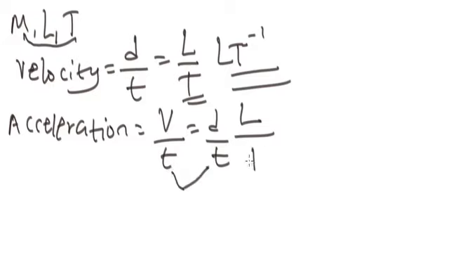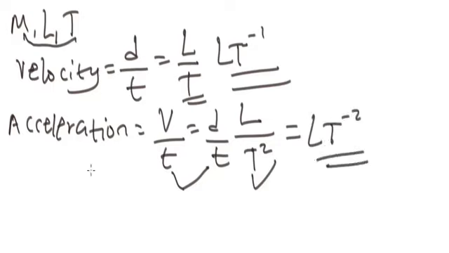That means length over t square, and this will be the dimension of acceleration. This is how it is normally expressed. We don't normally leave it in the other format; they leave it as length per time square. So this is the dimension of acceleration.